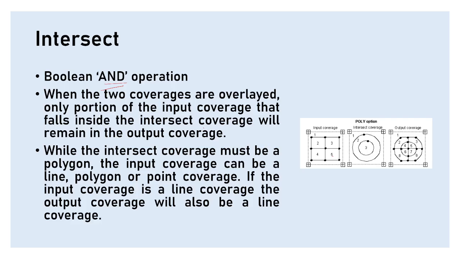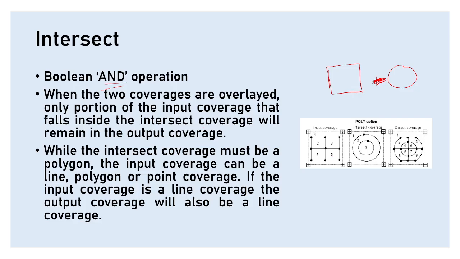So here it's basically cutting that area. Let's say you have a circle like this, and I'm just simplifying it. You have a square like this. You are not adding; you're doing the Boolean AND operation.